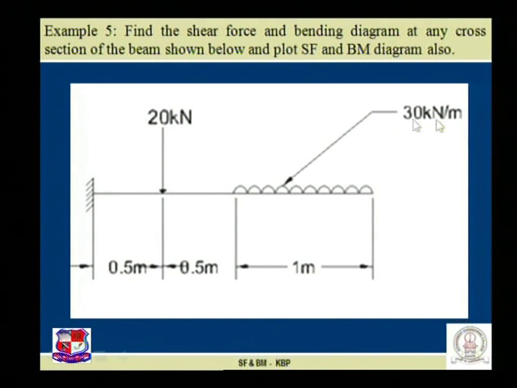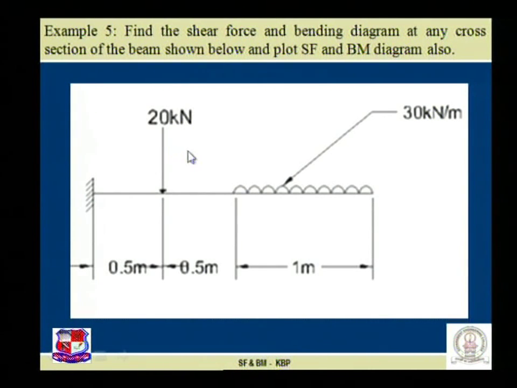This is a given beam whose one end is fixed and the other end is free, subjected to external loads. First is a point load of 20 kN, 0.5 meter from the fixed end, and a UDL of 30 kN per meter for a length of 1 meter. So this cantilever beam is subjected to a combination of UDL as well as point load.